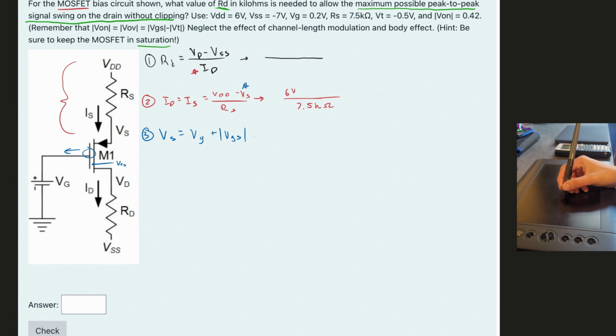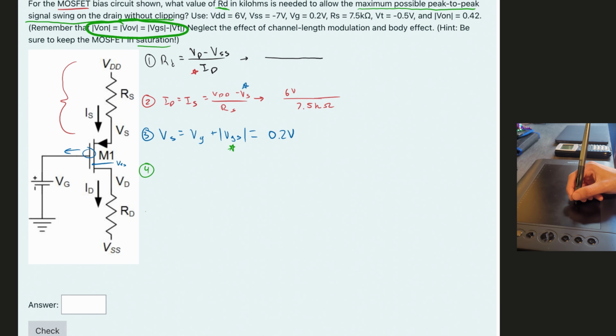With this one, we're given our VG, so this is going to be equal to our 0.2 volts. Now our VGS is not given to us. We don't know what that is, so we're actually going to have to go and find it. Looking for our VGS is going to be our step 4. We don't need to look too far because it's right here.